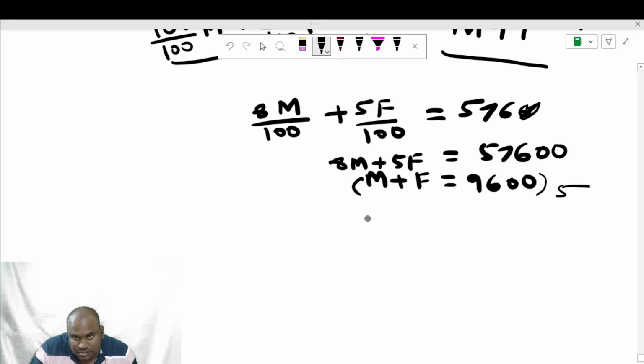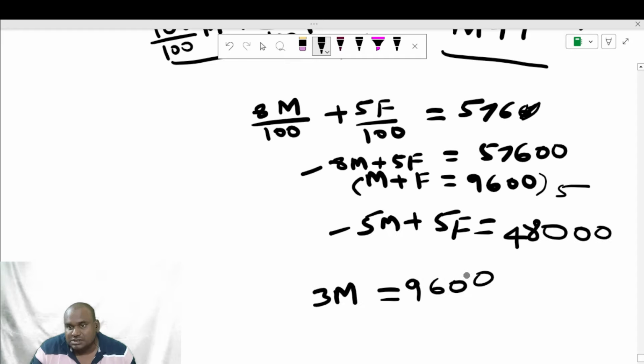If I subtract this equation from this, then I'll get in terms of males 3m. 3m is equal to 57,600 minus 48,000, which is nothing but 9,600. So what I need is only male value, then it will be 3,200. So the answer is 3,200, third option.